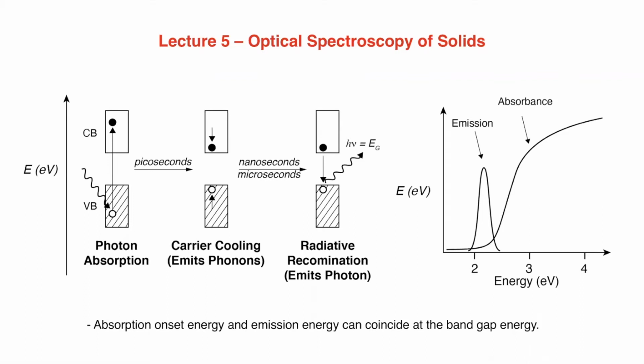That emitted photon gives rise to fluorescence or photoluminescence, and the energy is the band gap energy. So when you look at the absorption spectrum and you plot the emission spectrum on top, the emission spectrum happens to be at the band gap energy of the semiconductor most of the time, not always. There are exceptions and important ones, but for the simplest case, that emission feature is equal to the band gap energy.